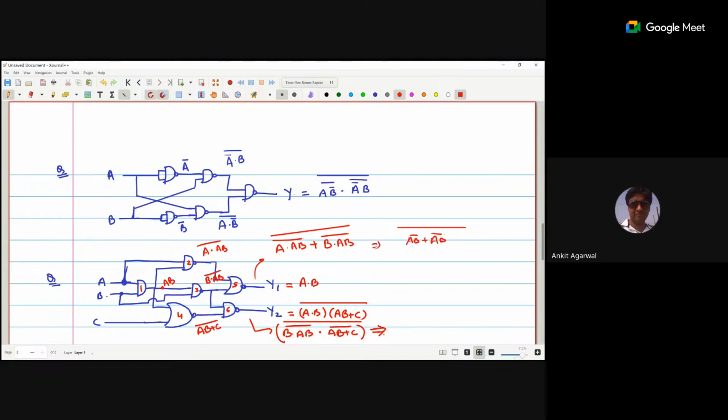Same data addition, so we can call them AB bar and whole bar. Bar and whole bar will be cancelled out, so AB bar is okay. From this one we are getting AB bar dot (AB plus C bar) whole bar of that one.